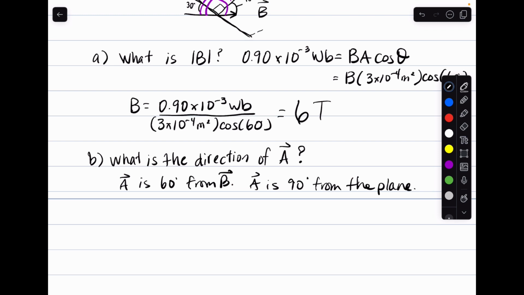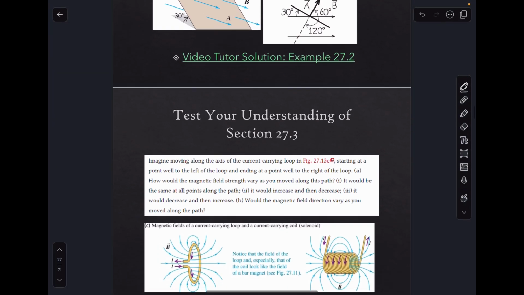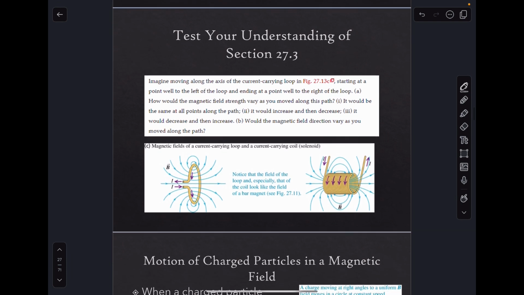We're basically doing the same procedural steps as we did for electric flux. This chapter skips around a little bit, and I know why: we're talking about magnetic field lines.